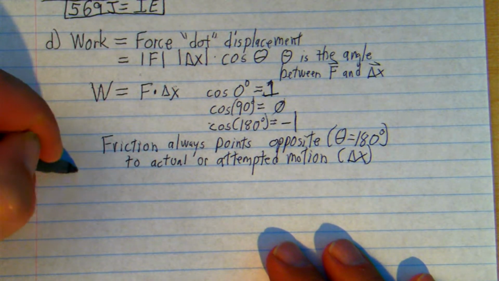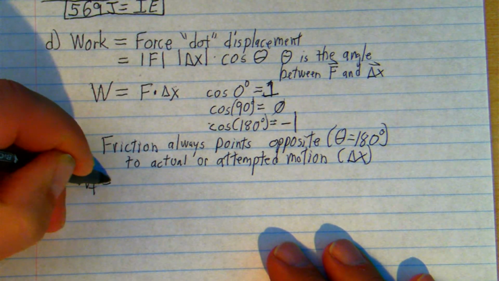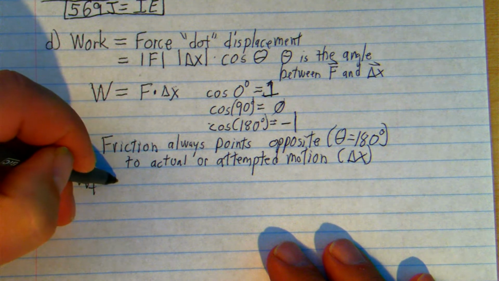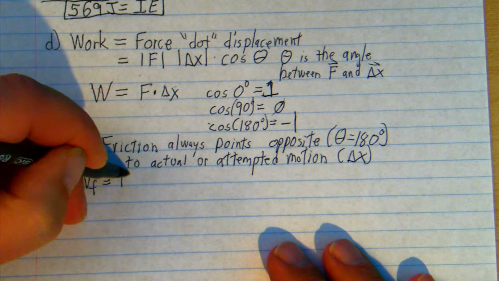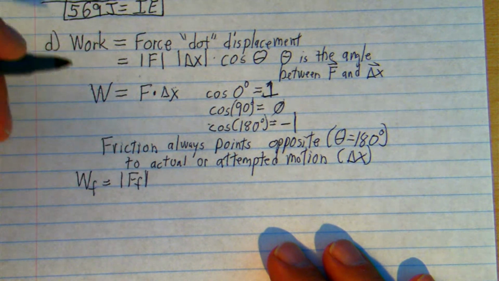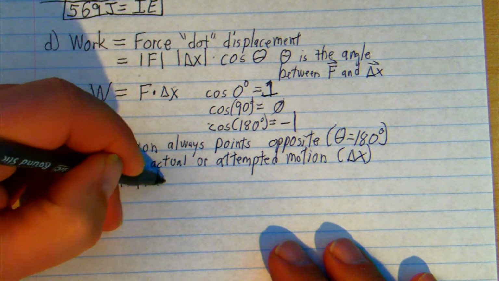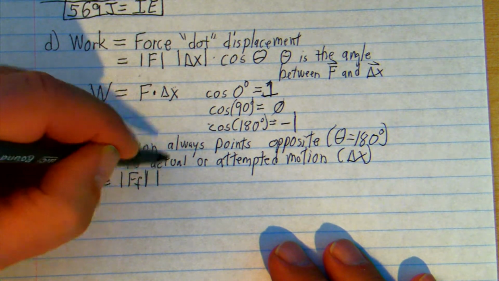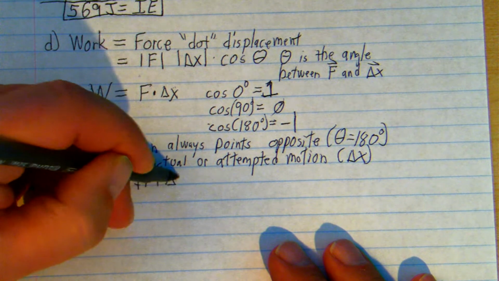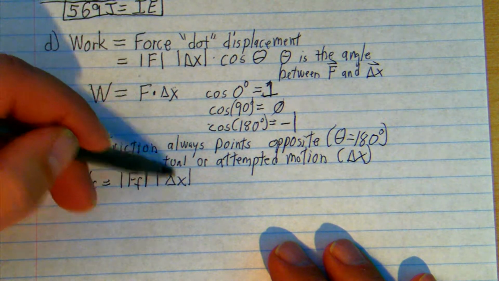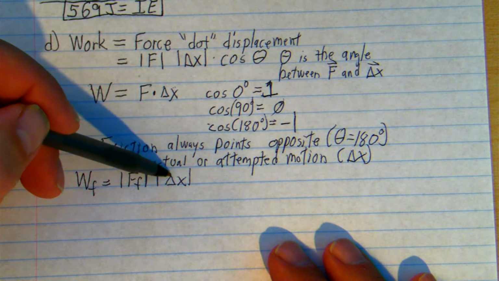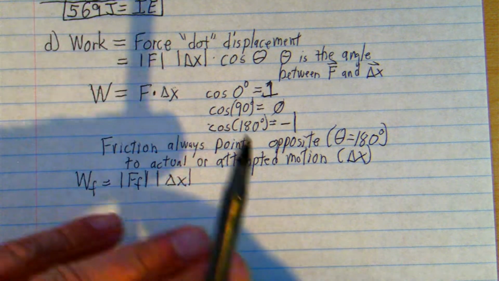Therefore, the work done by friction is the magnitude of the force of friction times the magnitude of the distance that you travel. I'm going to still write delta x, but it's the total distance.